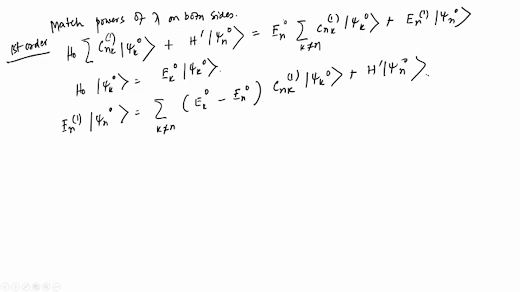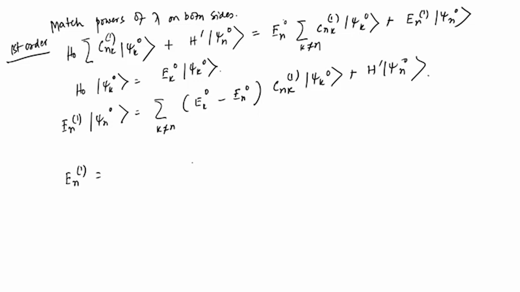Now, it is a standard trick to extricate this, or rather to find this E n 1. You have to take an overlap, an inner product with psi n 0, or take a conjugate of psi n 0, the bra psi n 0, and that will give you E n 1.